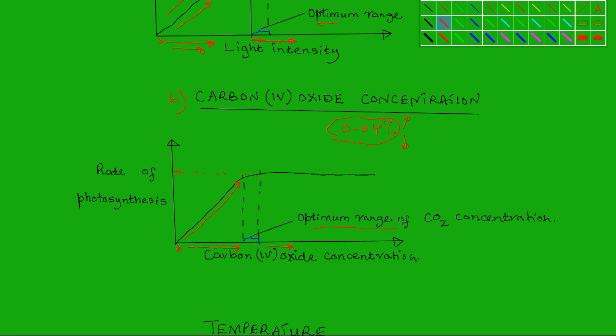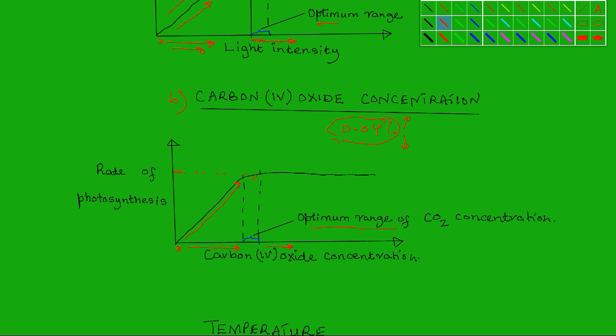Why? Again, here the reason is the other factors that are necessary for photosynthesis to take place have remained constant. So increase in carbon dioxide alone beyond its optimum range under those prevailing conditions will have no impact on the rate of photosynthesis.